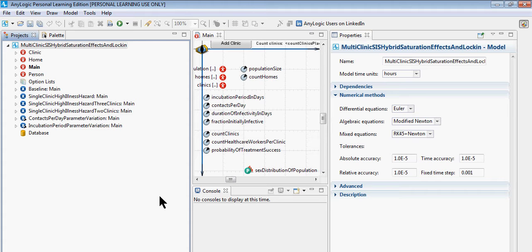And we're going to open up this multi-clinic SIS hybrid saturation effects and lock-in. Do you have that?